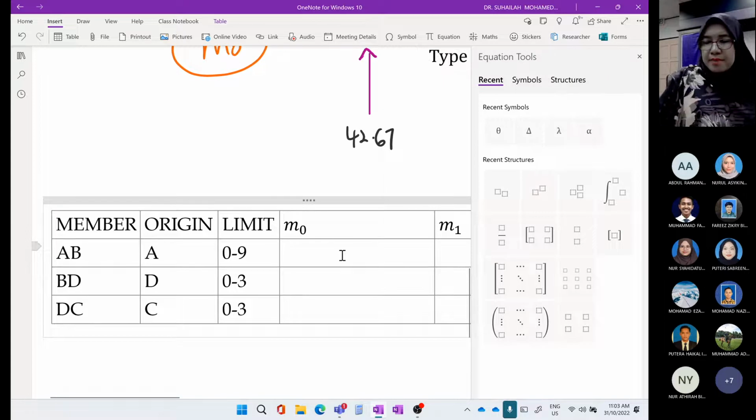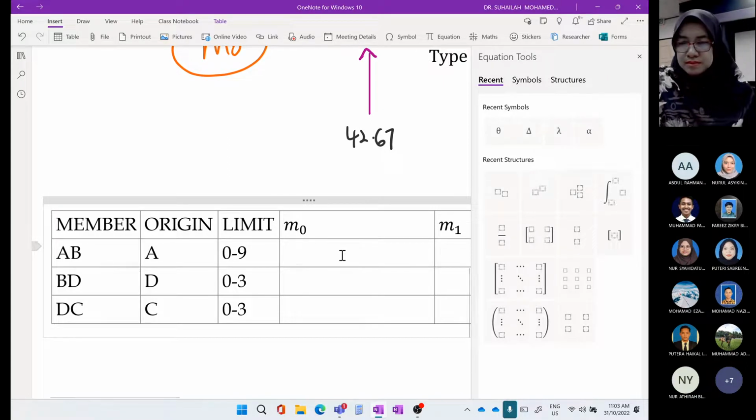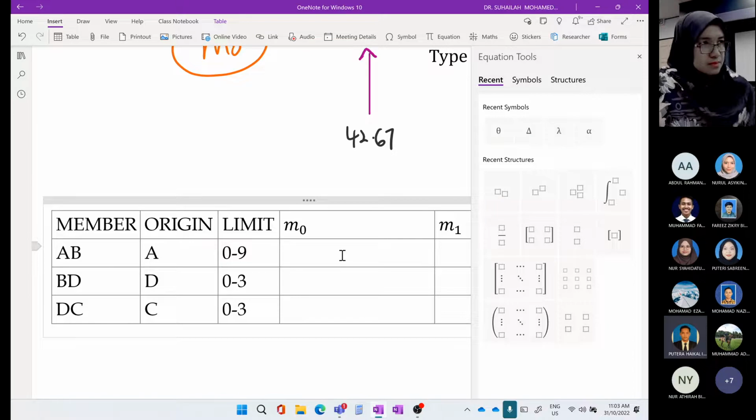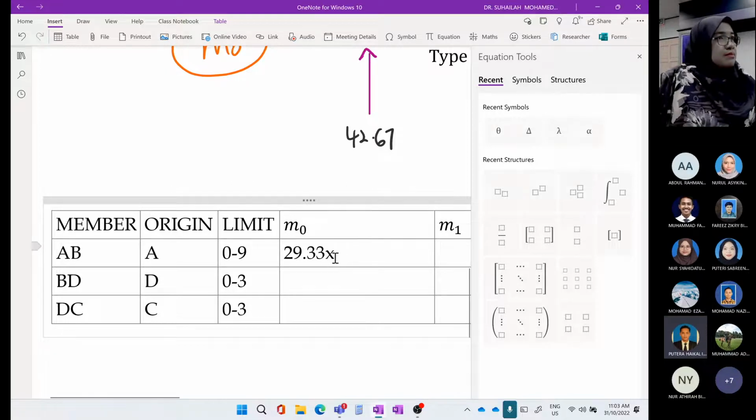Again, M equal to 29.33x minus 4x squared. You get the same?